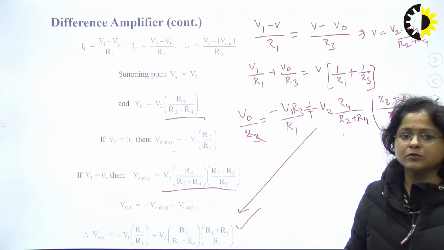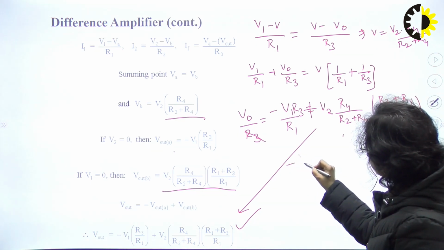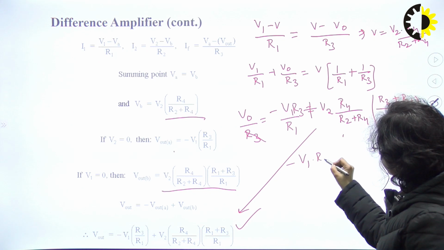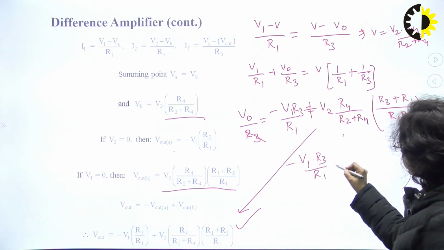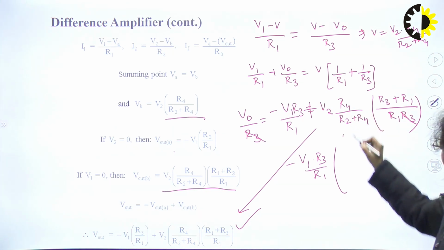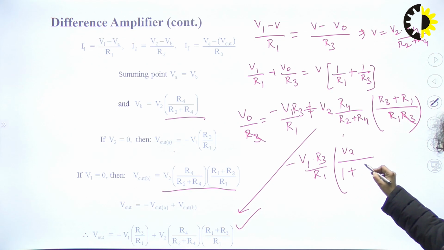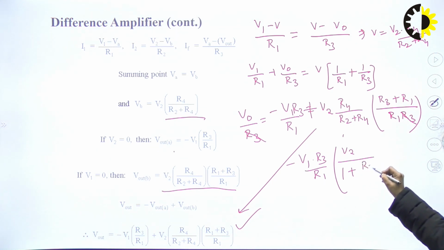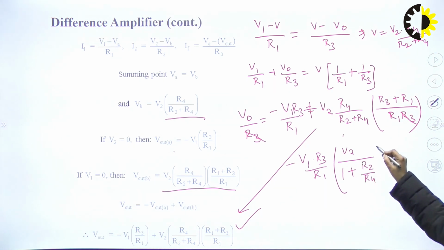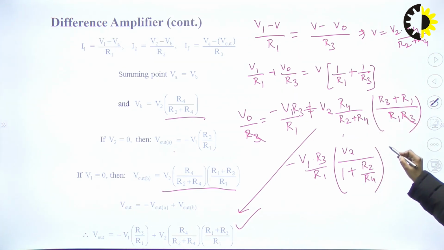So we substitute here, that is, divide both sides by R2 R4. So it becomes V2 upon 1 plus R2 by R4. Here we divide numerator and denominator by R4, and on this side we divide by R1, so 1 plus R3 by R1.